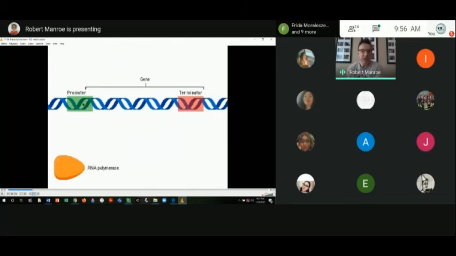Here is your section of DNA where the RNA polymerase binds, the promoter. You know that the TATA box is in here. And then something we don't get into the specifics of is the terminator region here that causes the RNA polymerase to release the gene.